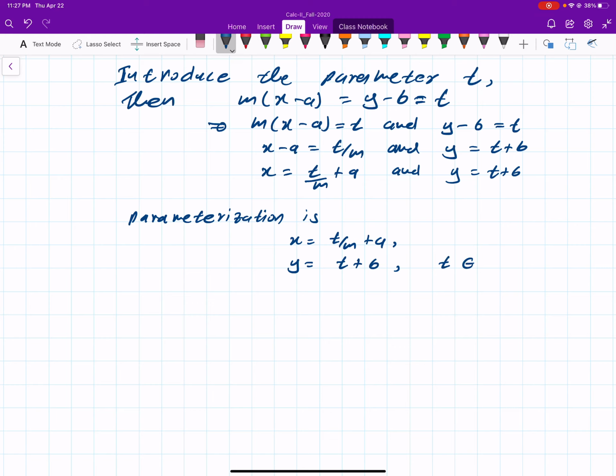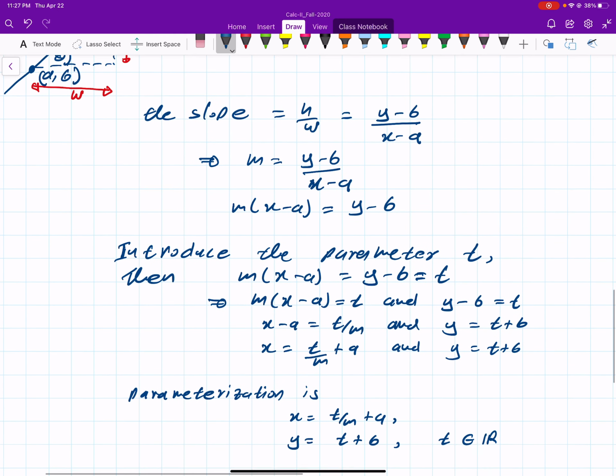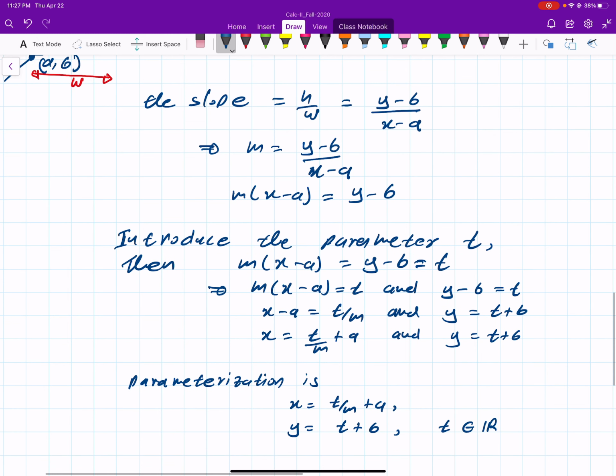Now you have to mention how t varies. Actually, t varies over all the real numbers. You can substitute anything for t. As you remember, t is y minus b or m times (x minus a), so t can be any value in that case. t can be any real number.